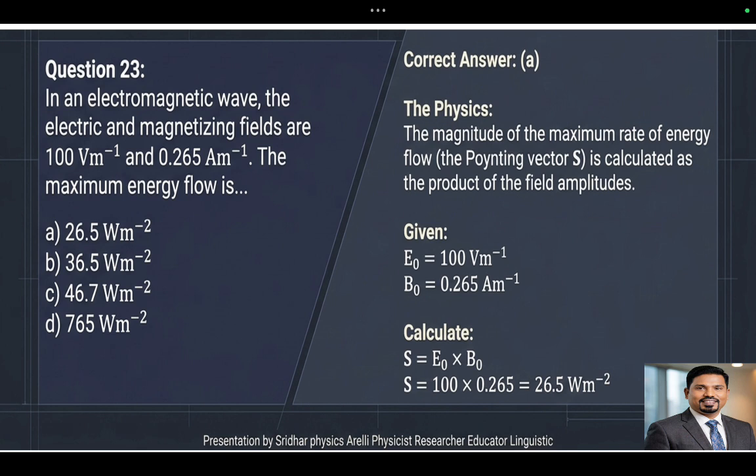Next one. In an electromagnetic wave, the electric and magnetizing fields are 100 volt per meter and 0.265 ampere per meter.